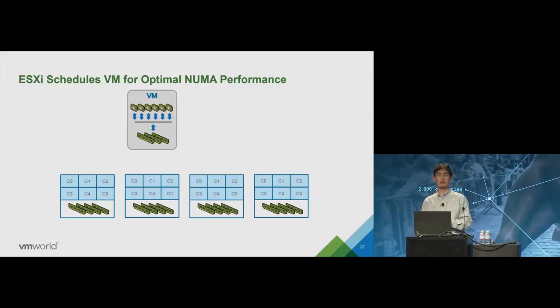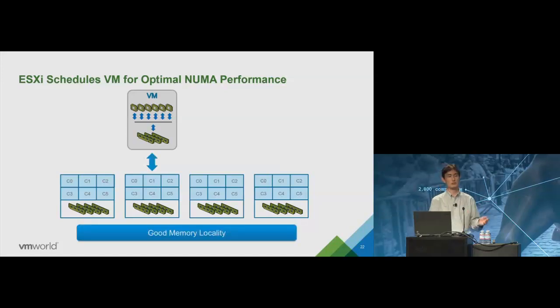I will make sure I schedule compute and memory on the same node. What that means is the guest OS or application can be agnostic about NUMA. It can place processes and memory anywhere. ESXi just optimizes automatically and transparently. So that's a pretty good situation.